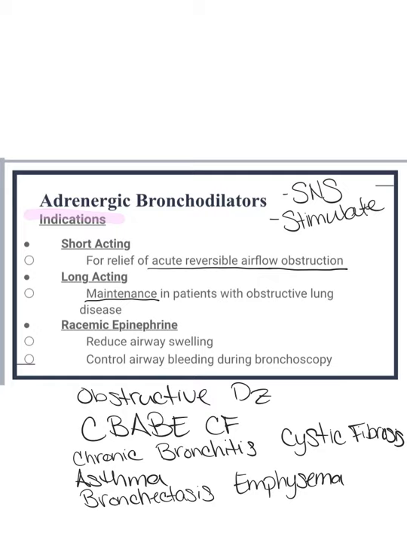And then you have racemic epi, and racemic epi is an ultra short acting. And this can reduce airway swelling. What is a time that you think it would be important to reduce airway swelling?